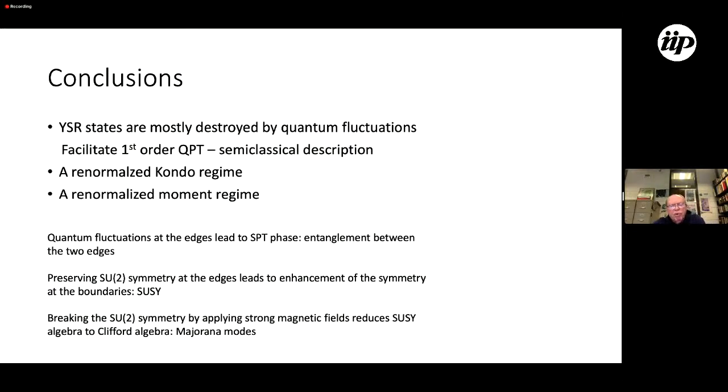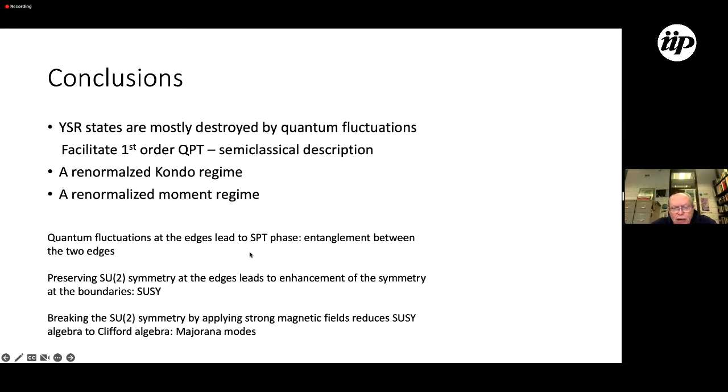So let me summarize. I showed that YSR states are mostly destroyed by quantum fluctuation. They facilitate, however, a quantum phase transition at the center of the phase diagram. We obtain a renormalized Kondo regime and a renormalized moment regime in different parts of the phase diagram.